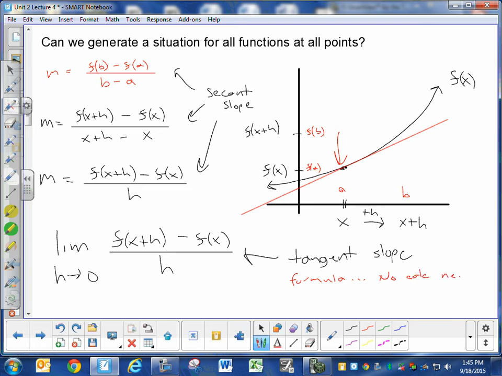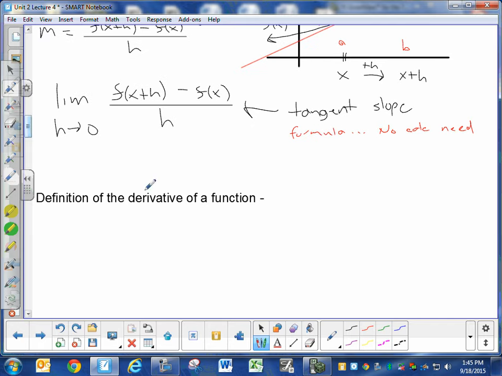This is telling me how to find the slope of the tangent of any function at any location, any x location. This is the mathematical definition of a derivative. The limit as h approaches 0 of that.